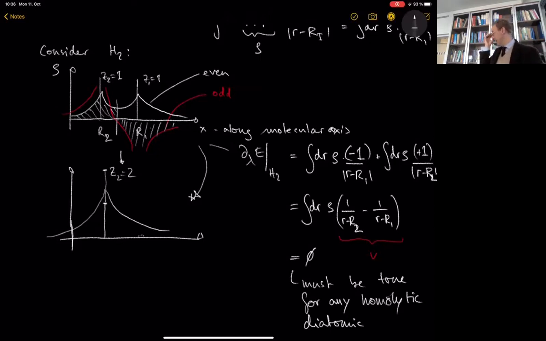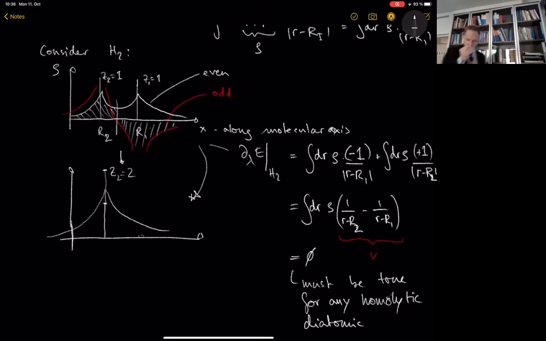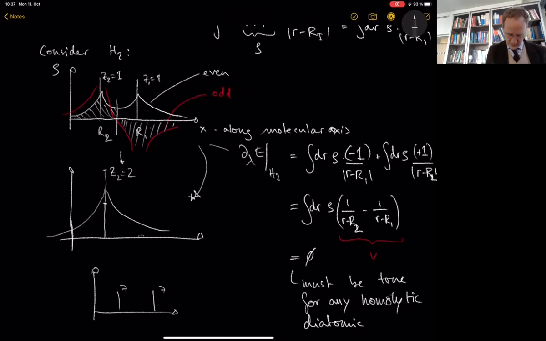For example, if we take N2, the most abundant molecule in air, and we change it to 14. What's 14? Silicon, right? So imagine you have N2, same picture for N2 to silicon, only here your two nuclei have nuclear charge equals 7.